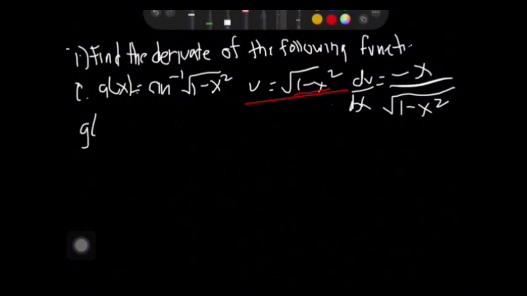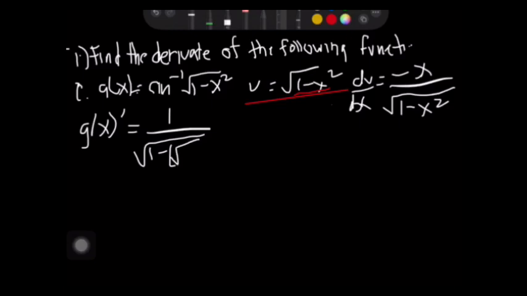So g prime of x, or the derivative of g of x, is equal to 1 over the square root of 1 minus u squared, which is the square root of 1 minus the square root of 1 minus x squared, raised to 2, times du over dx, which is negative x over the square root of 1 minus x squared.